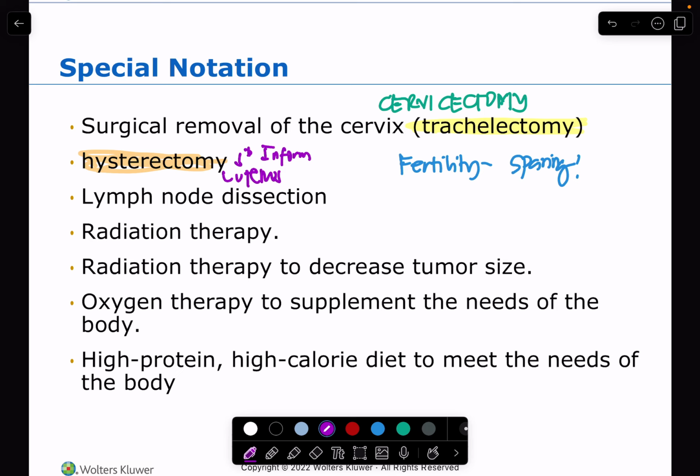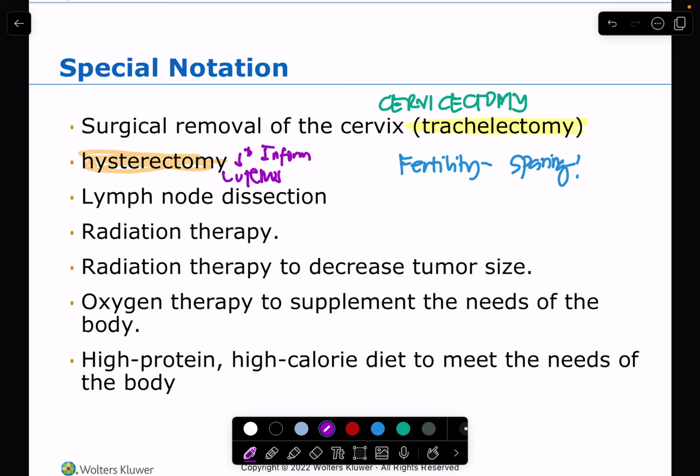If you remove the uterus, then there will be no structure, wala pong mag-house nung fertilized egg, there will be no house for the growing fetus, so wala na pong chances na pwedeng ma-pregnant or ma-impregnate ang pasyente. Okay, so it's your responsibility to inform the patient about this worst side effect.